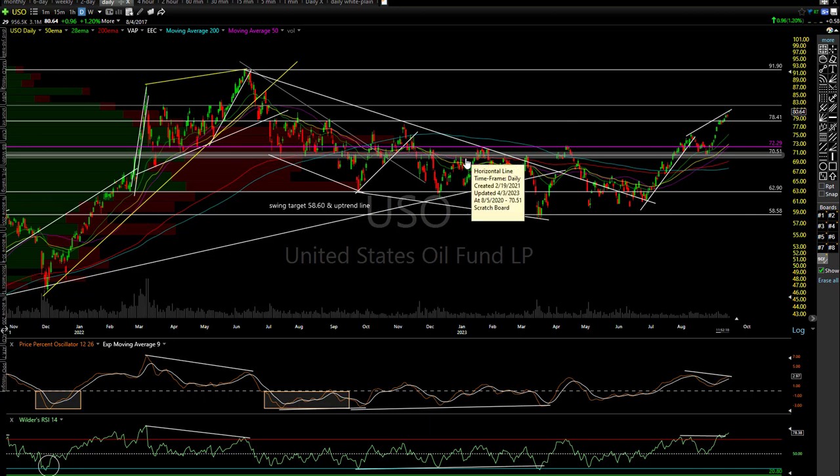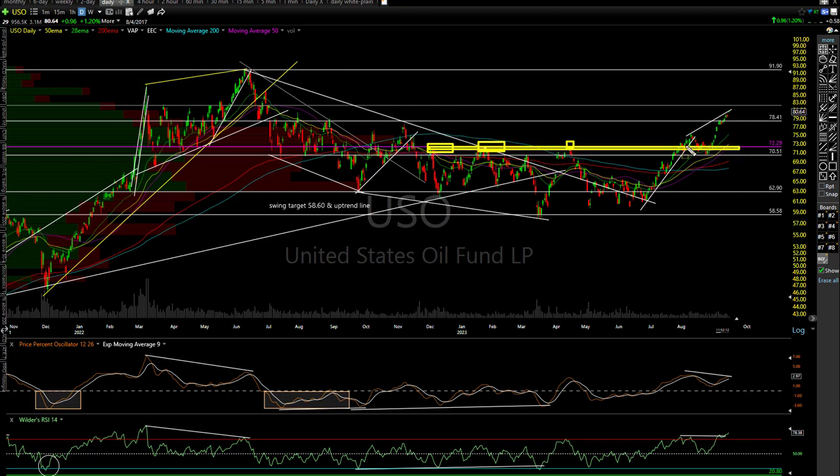Follow me? So, or back here. So most importantly, this has been a big level capping all advances in crude oil, and we recently broke out. And so right now, TA 101 says resistance once broken becomes support.